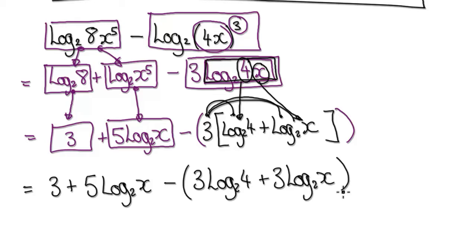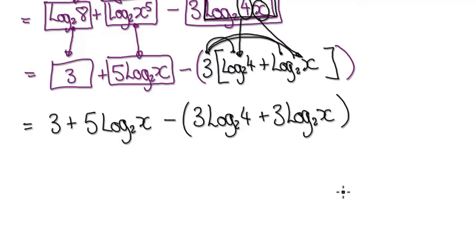Okay, and I've just noticed that you can tidy this up, because 2 to the power of what will give me this thing here, so the whole log block is referring to this index. It turns out to be 2, so this block here is the number 2.